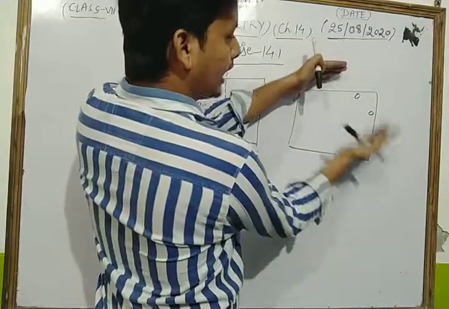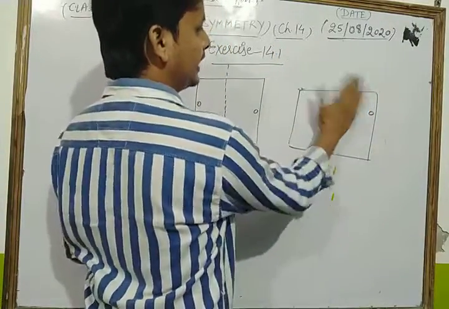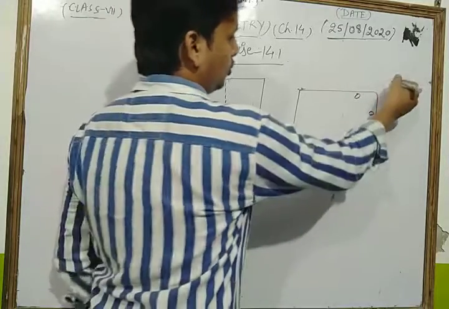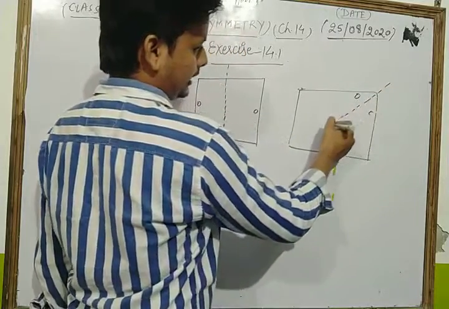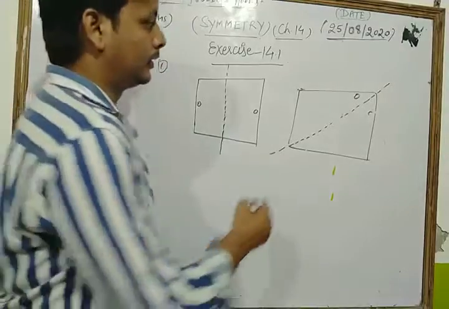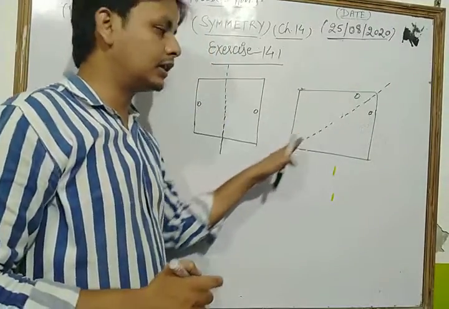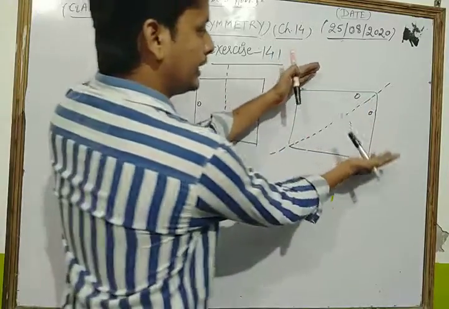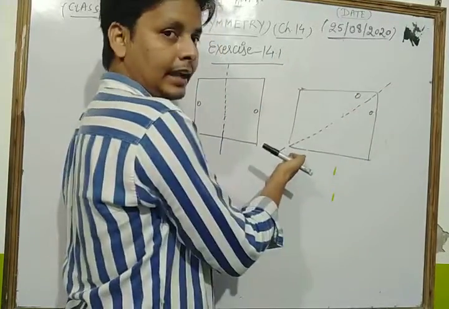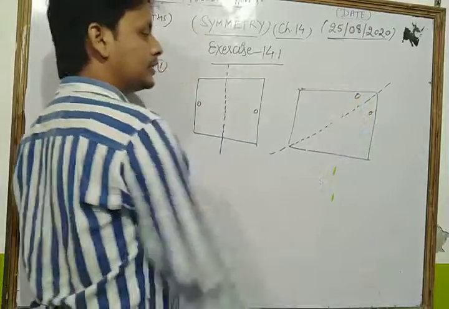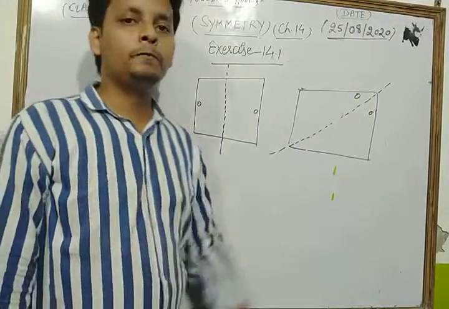If this figure is folded diagonally in this way, then the parts are superposed on each other. So here we can draw the line of symmetry in this way. Okay, the punch hole is in that way. So we draw the line of symmetry diagonally, because if we fold it along the line of symmetry, then each part is superposed on the other.